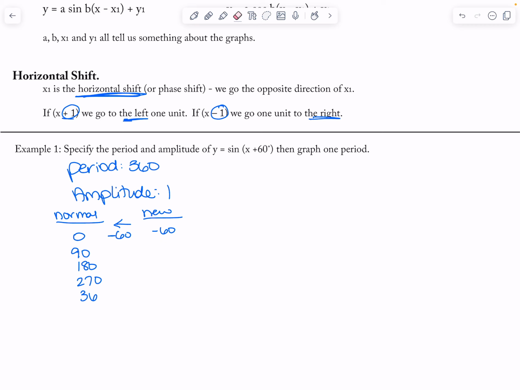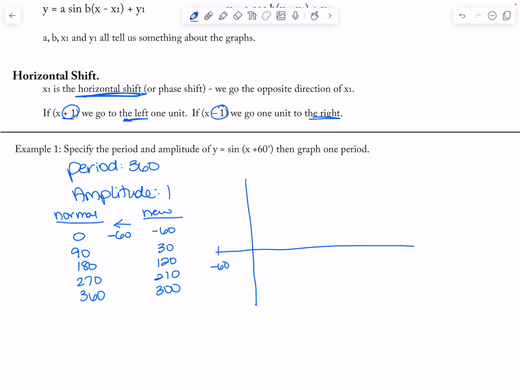I paused for a second because I totally did arithmetic wrong. So -60, 90 minus 60 is a +30, and then 120, that makes me feel better. And then 270 minus 60 is 210, and then 360 minus 60 is 300. I don't know why this is so difficult right now. Okay.